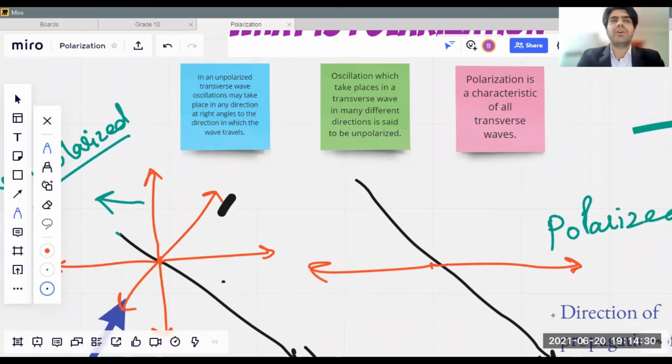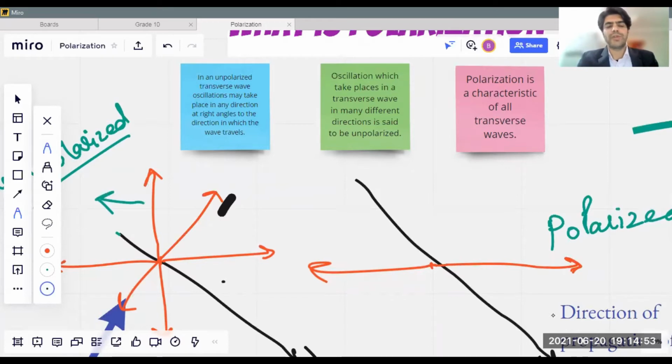Polarization is a property or characteristic of transverse waves. I assume you all know about transverse waves, those waves in which particles are vibrating perpendicular to the direction of their motion. So polarization happens only in transverse waves.